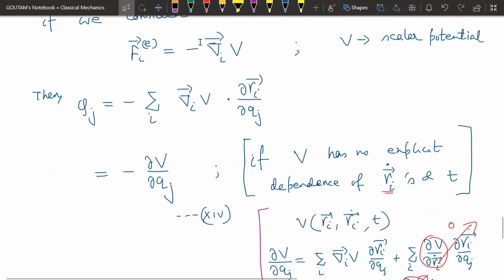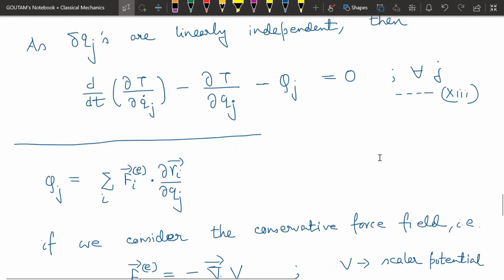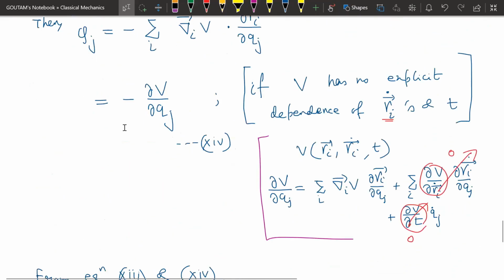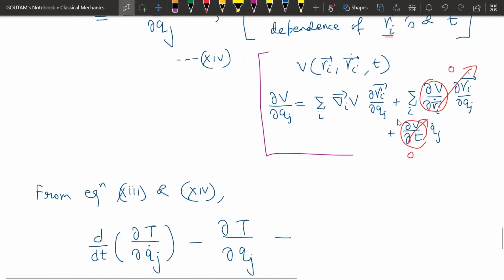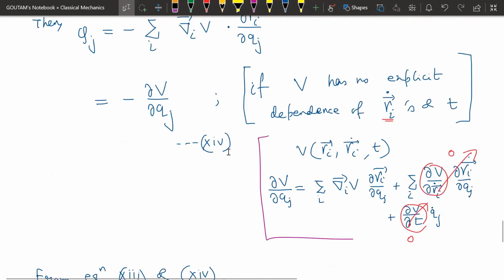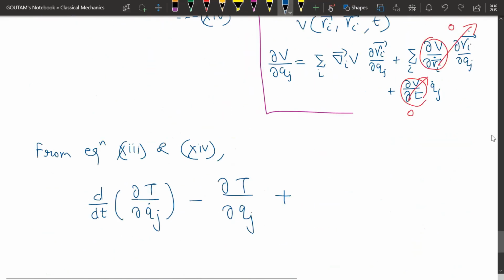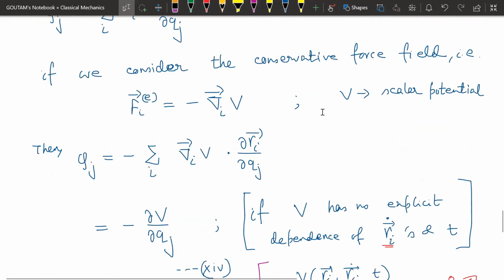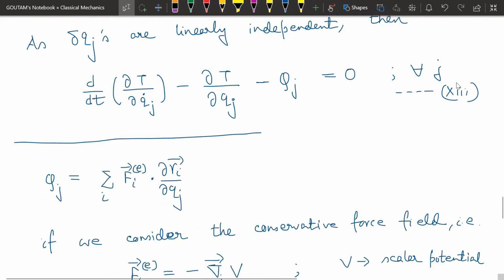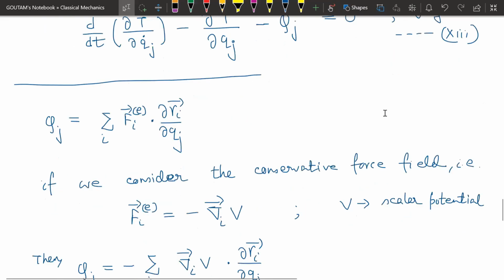Minus Qj, and in the expression of Qj there is a minus sign, so it will be plus del V del qj. Del V del qj equals 0. So equation 13 equals 0.